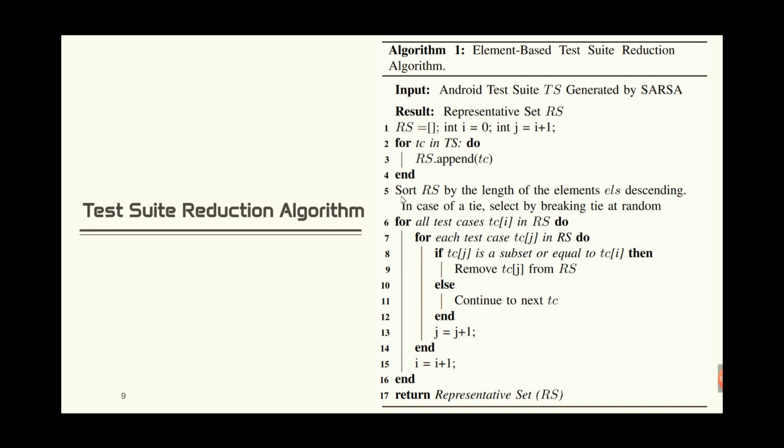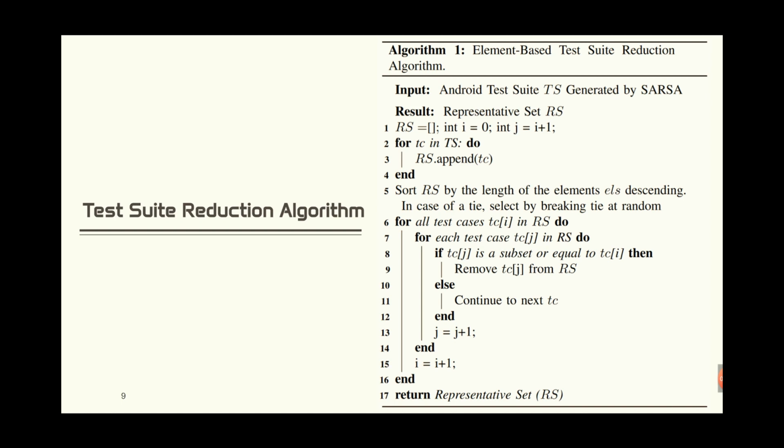As you can see here in line 5, it sorts the test cases of the original test suite in descending order based on the number of elements, and if there is a tie between test cases, the selection will be random.